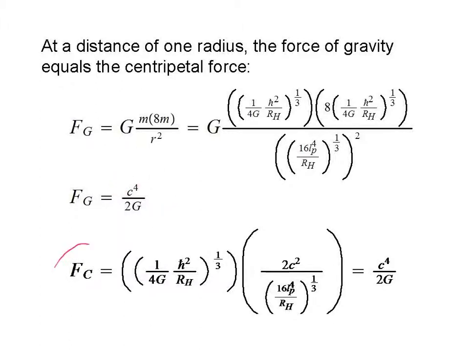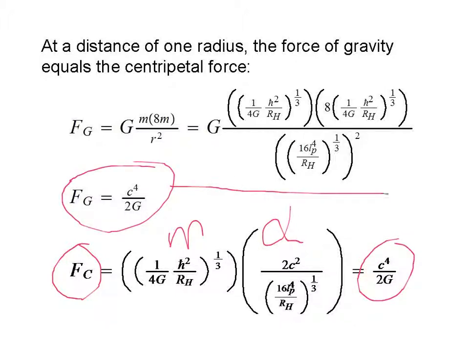And as a quick reminder, centripetal force is equal to the mass times the angular acceleration, and that works out to be c to the 4th over 2G. So our gravitational force and centripetal force are equal at the distance of 1 radius.